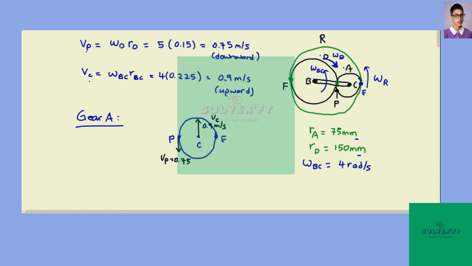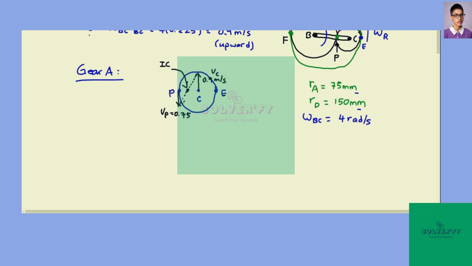So we expect the instantaneous center of zero velocity to be here. Now we want to find IC. After we know where the IC is, then we can find omega, and then we can find some speed at point E.